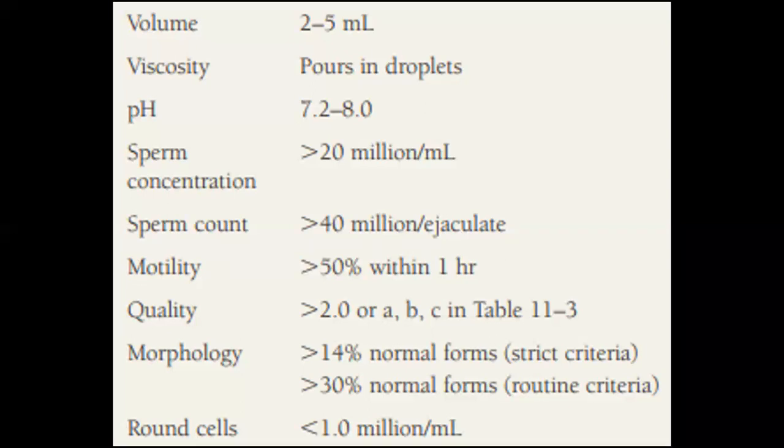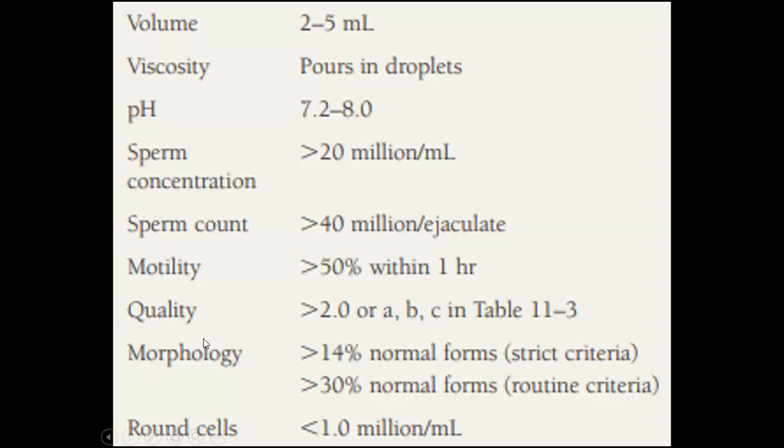So normal motility of sperm cells is more than 50% of the entire sperm cells within an hour. The quality of the motility is also graded as 2.0 or ABC grading. So I will be discussing this in detail later.